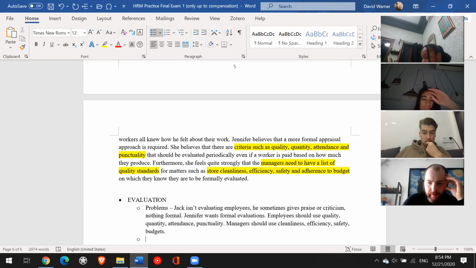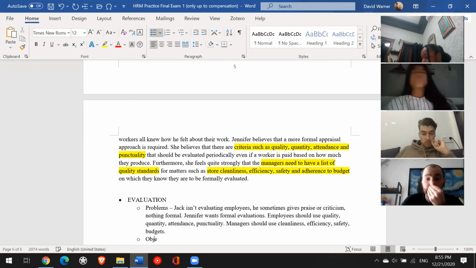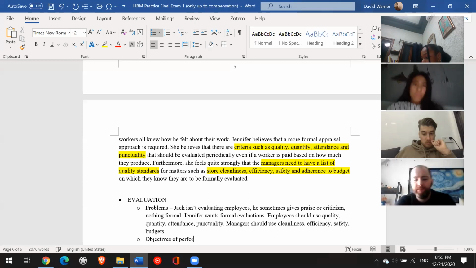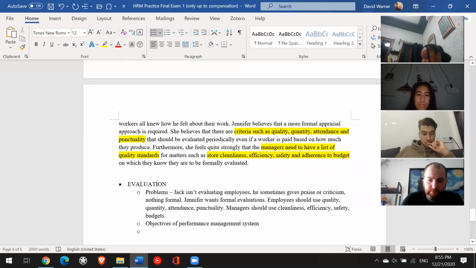Now, what can we talk about in this subject of evaluations? Objectives of the performance management system. Sure. That's good. And anything else?